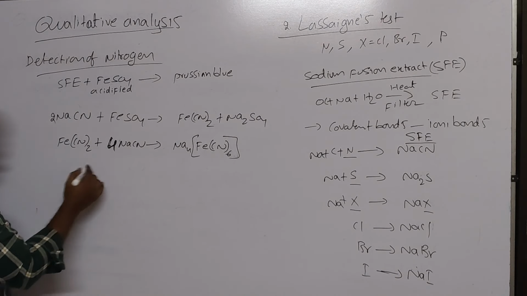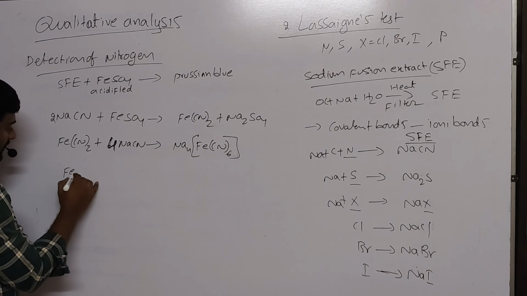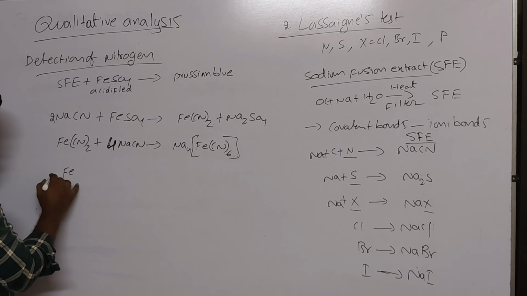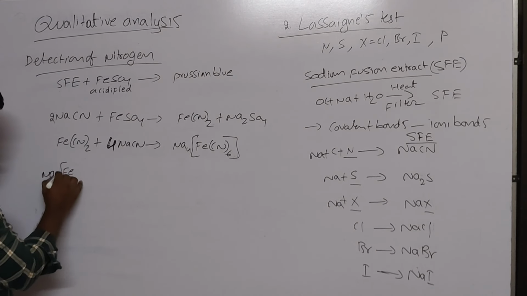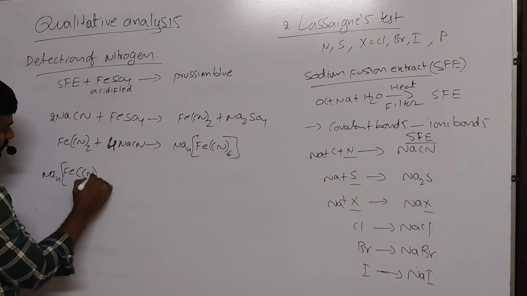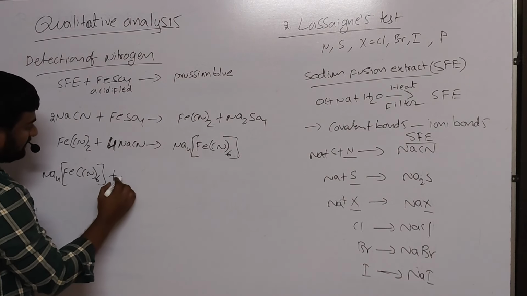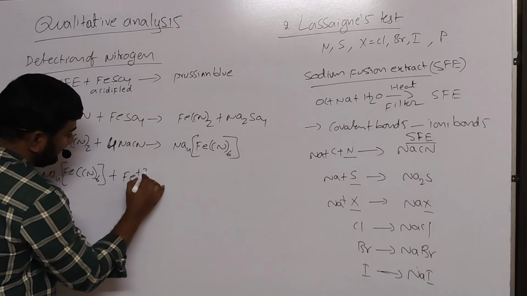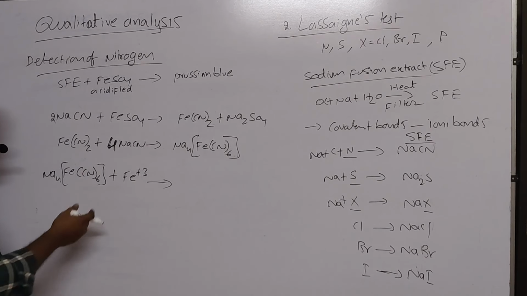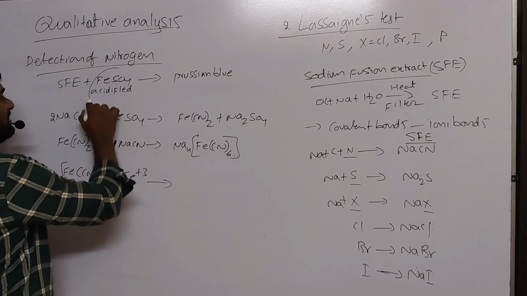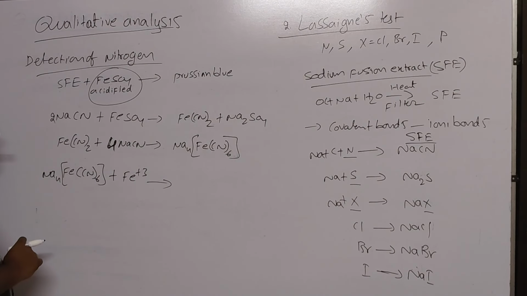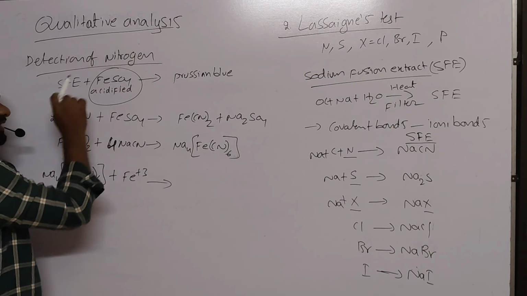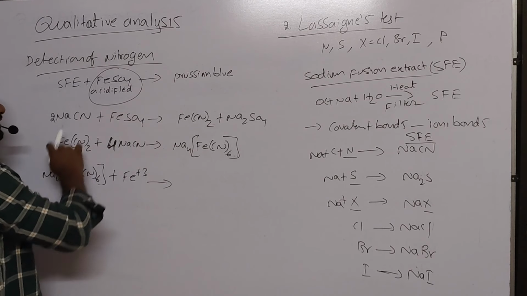Okay, this sodium hexacyanoferrate on heating with Fe3+. How did this Fe3+ come? From the acidified FeSO4, that is, FeSO4 in the presence of acid.